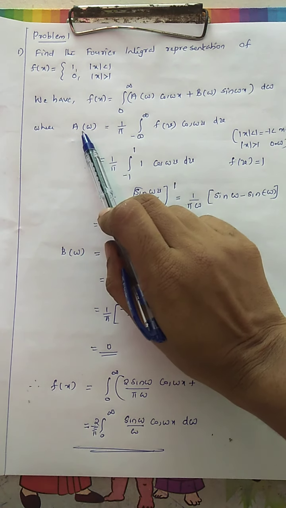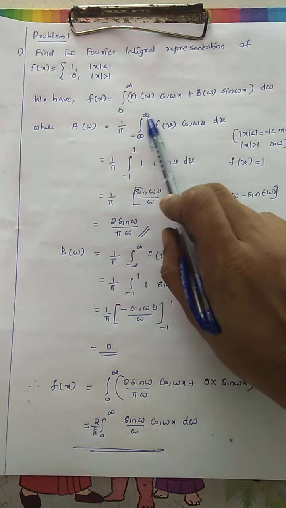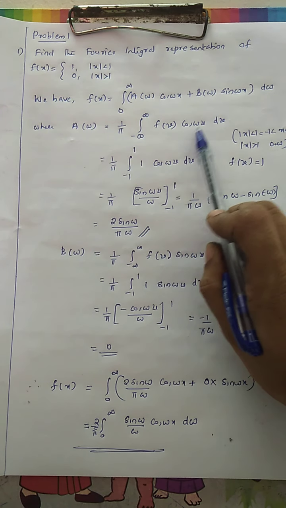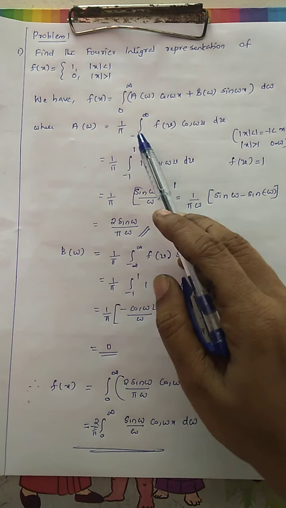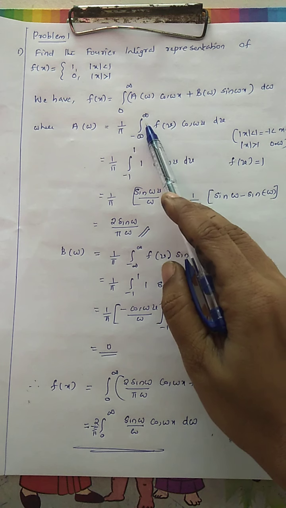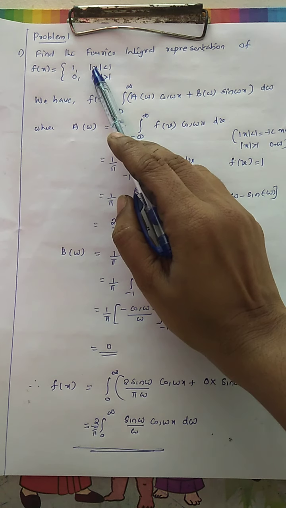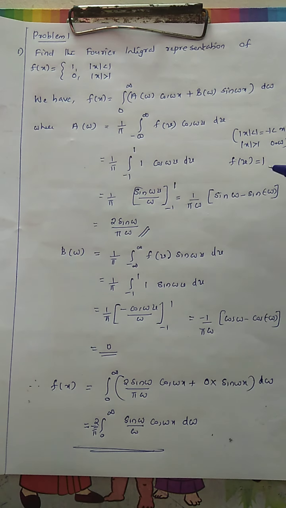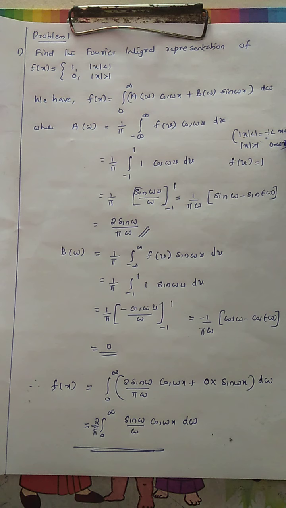Now a of omega is given by the formula 1 by pi integral minus infinity to infinity f of nu cos omega nu d nu. Now we will substitute the values here. As the integral is from minus infinity to infinity, and the function f of x is given in modulus x less than 1, we already discussed that modulus x less than 1 means minus 1 less than x less than 1.